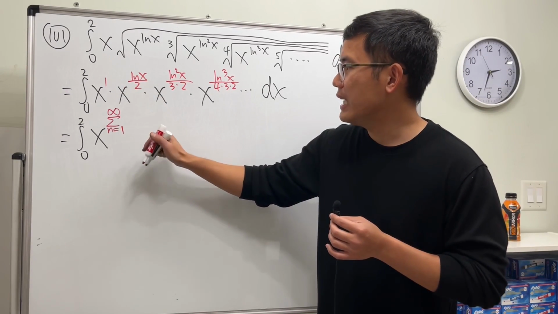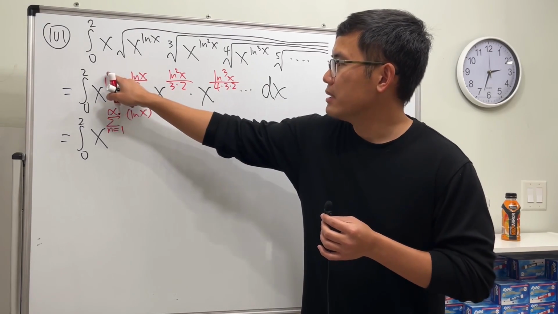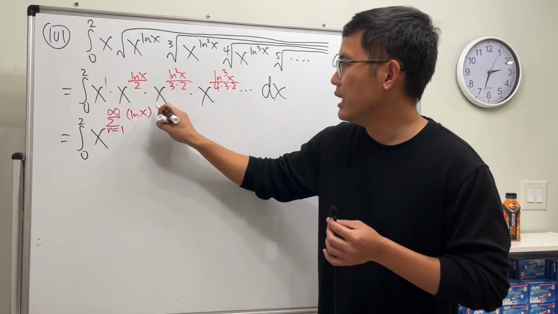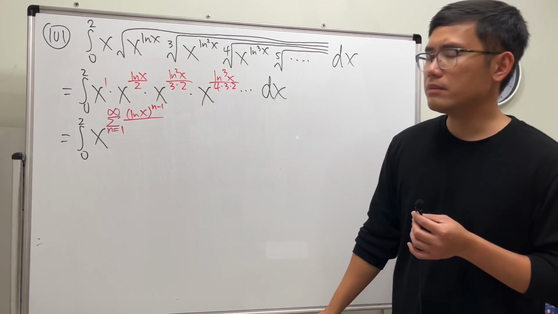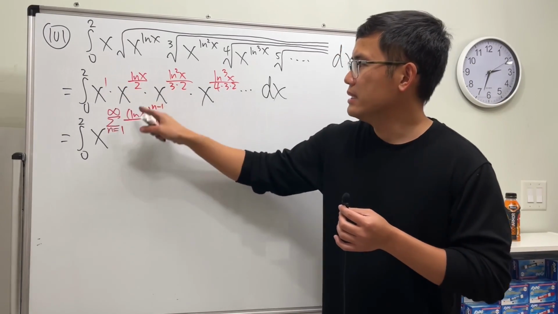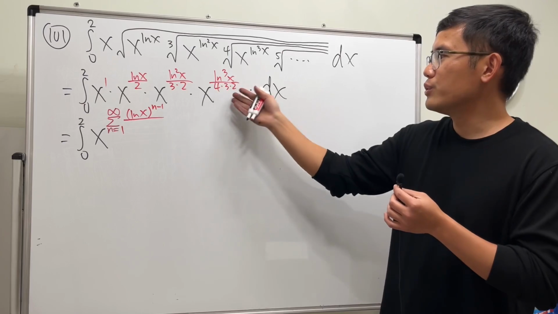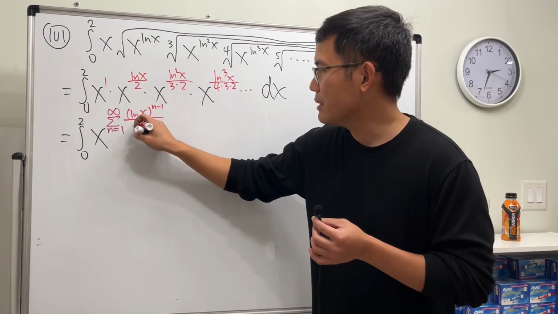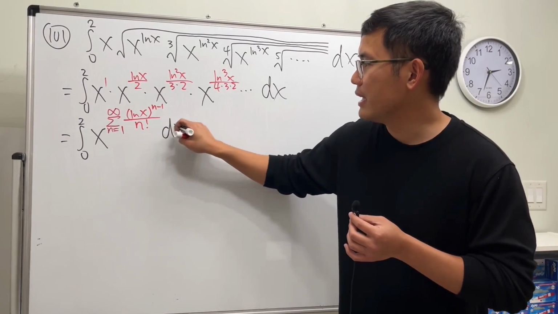We see that here we have ln x, but the first term does not have any ln, so it's technically ln x to the n minus 1 power, over 1, 2, 3 times 2 times 1, aka factorial. So this is the same as n factorial. And then we have the dx here.